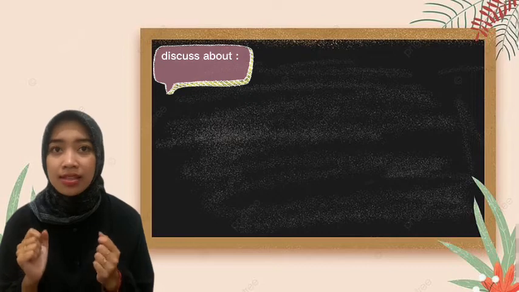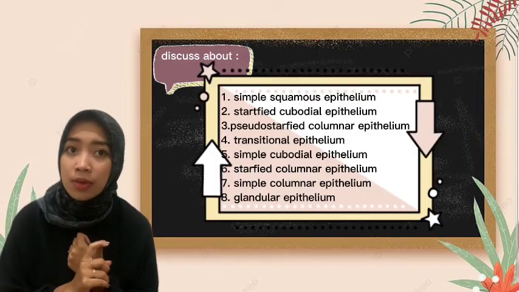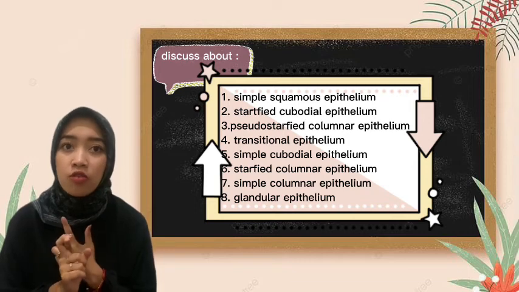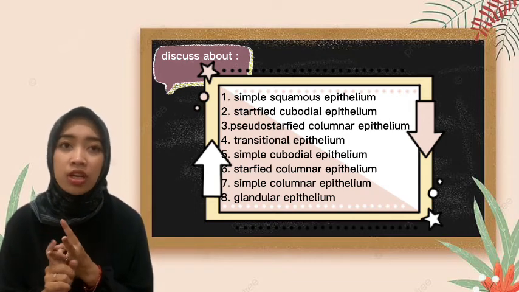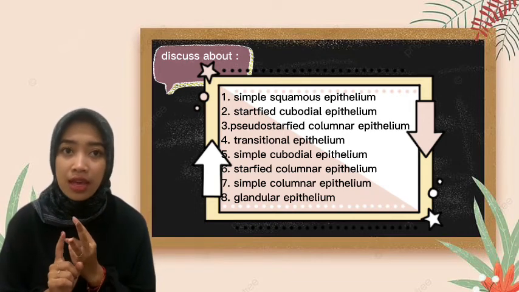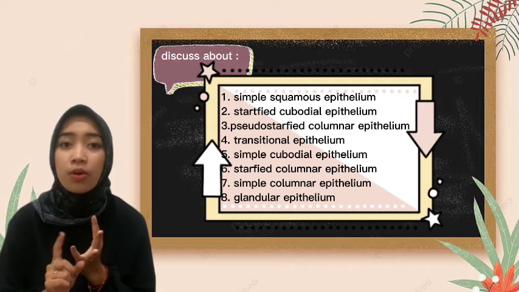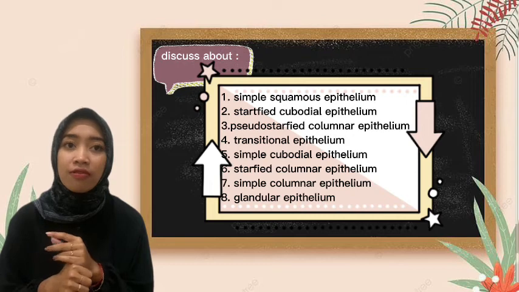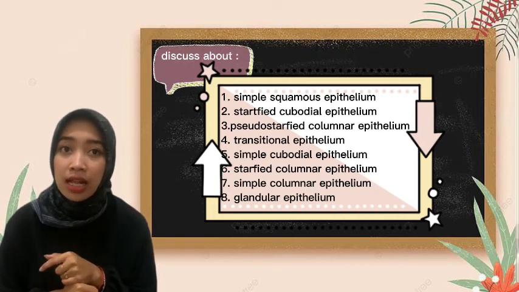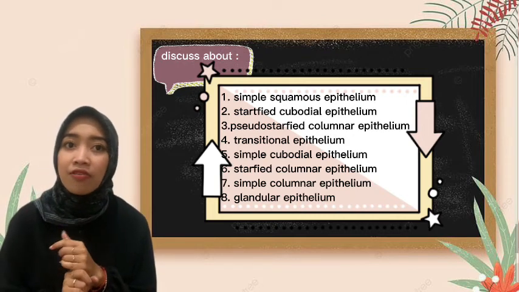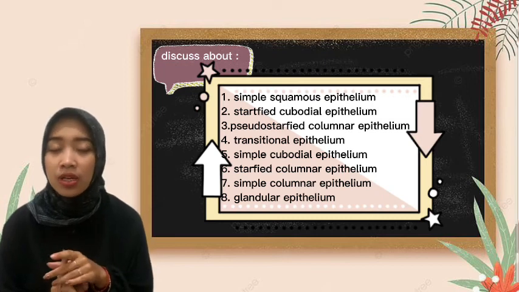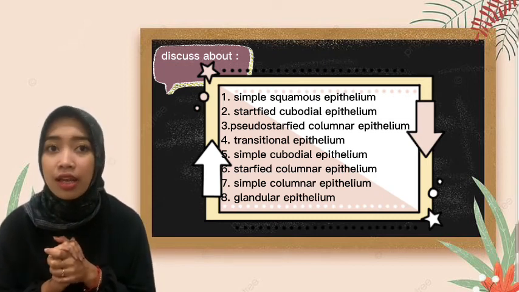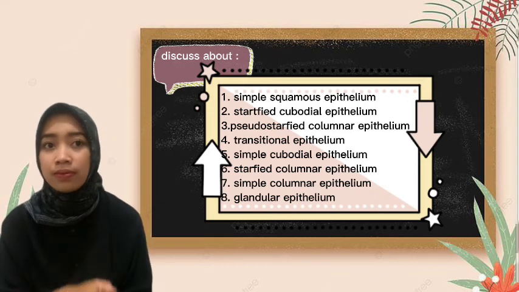Discuss and seek information on number 1, simple squamous epithelium, number 2, stratified cuboidal epithelium, number 3, pseudostratified columnar epithelium, number 4, transitional epithelium, number 5, simple cuboidal epithelium, number 6, stratified columnar epithelium, number 7, simple columnar epithelium, and number 8, glandular epithelium.